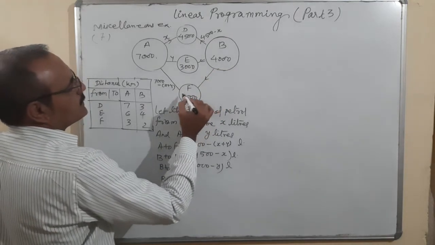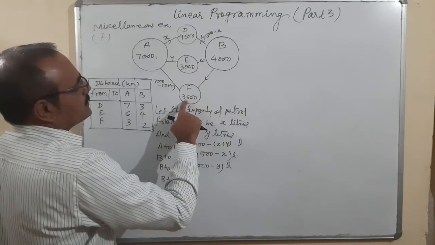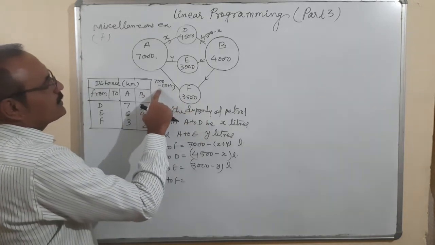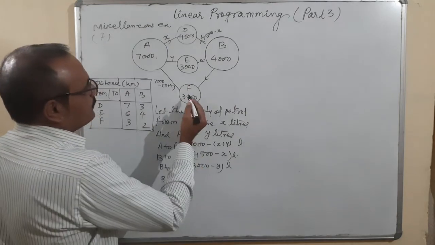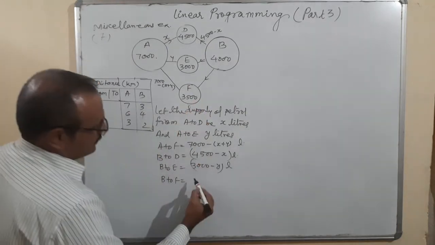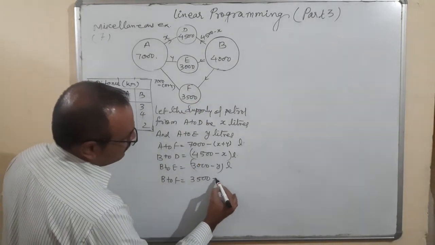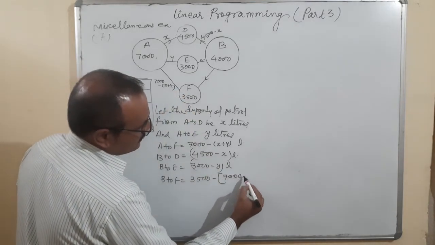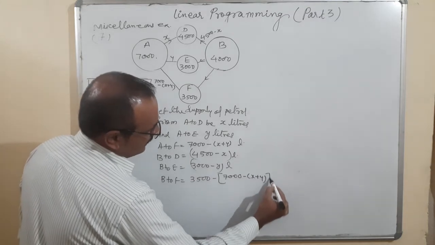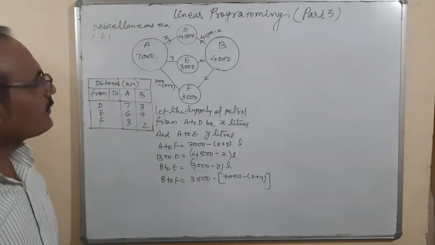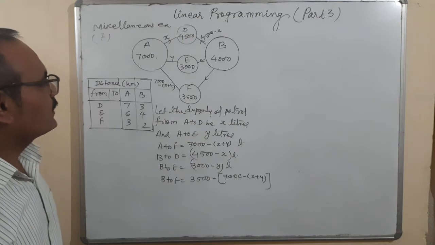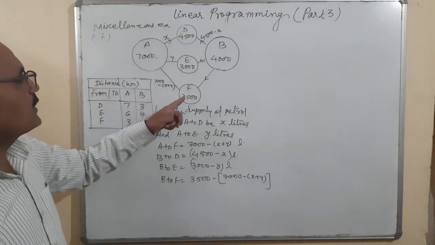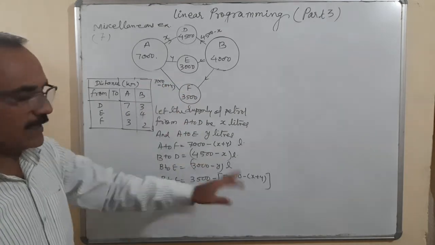By the way, its capacity is 3500, and already it got 7000 minus X plus Y. So that means here it is 3500 minus 7000 minus X plus Y. Is it okay? This is the capacity. Or in other words, we can use the term 7000 minus X plus Y. Whatever the capacity is here, we can write like this.